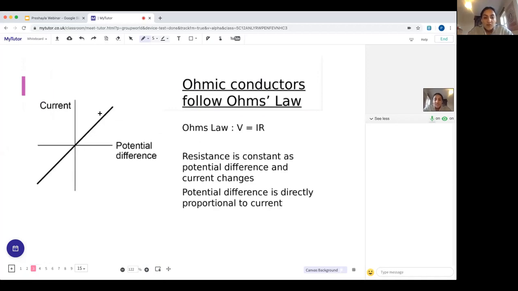Resistance is constant, it never changes in those fixed resistors, and therefore potential difference is directly proportional to current, as one changes the other changes in the same way, related by resistance. So if potential difference goes up, current also goes up for a fixed resistance. That was Ohm's law.